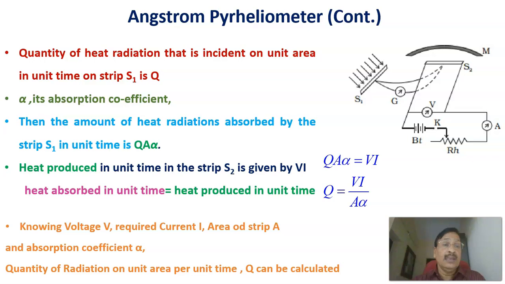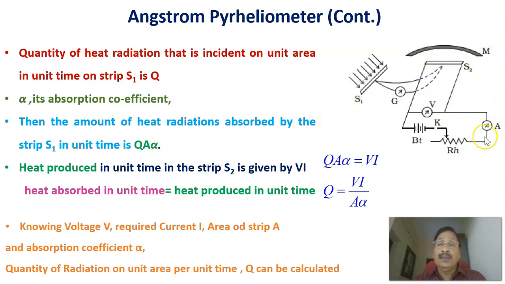Alpha is the absorption coefficient of the surface, and the area of the surface is capital A. Therefore, the amount of heat radiation absorbed in surface S1, having area A and absorption coefficient alpha, is equal to Q into A into alpha.